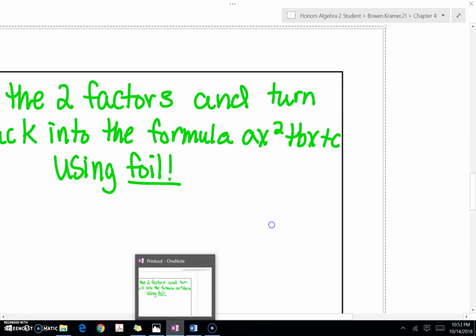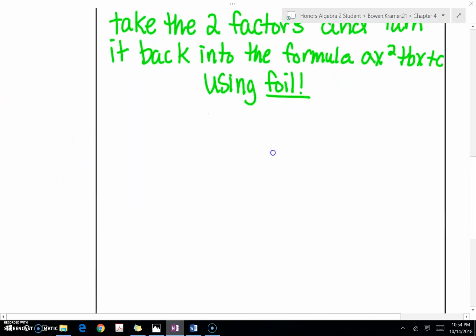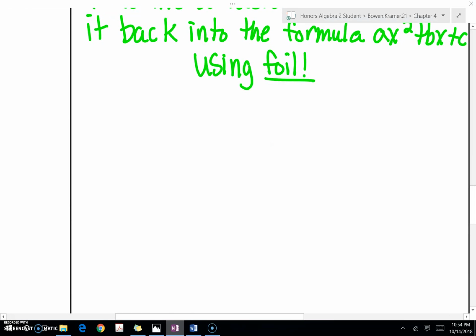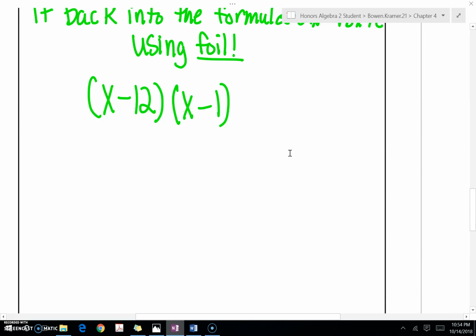You gotta remember that. That's the most important part of this whole thing. So we're going to take what we just did, x minus 12 times x minus 1. That FOIL pertains to these two factors.